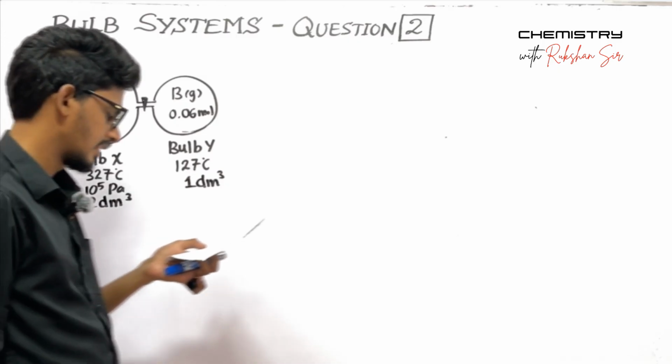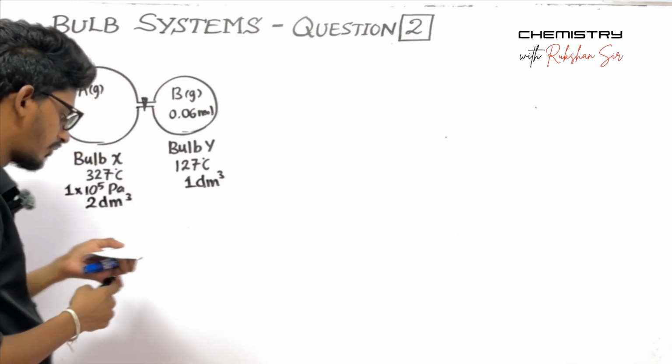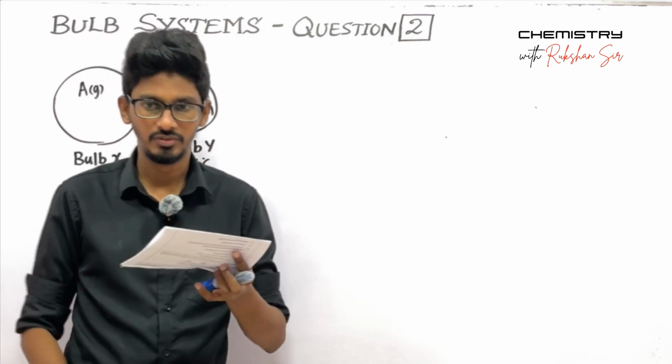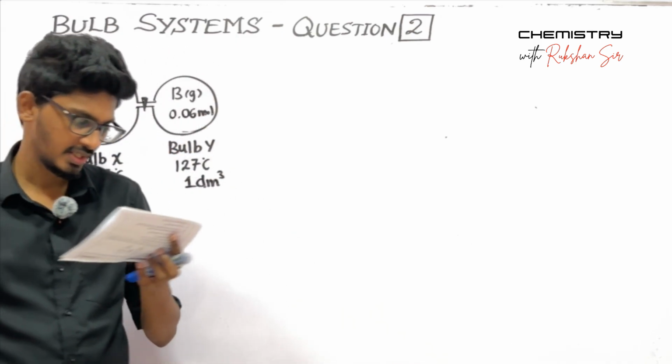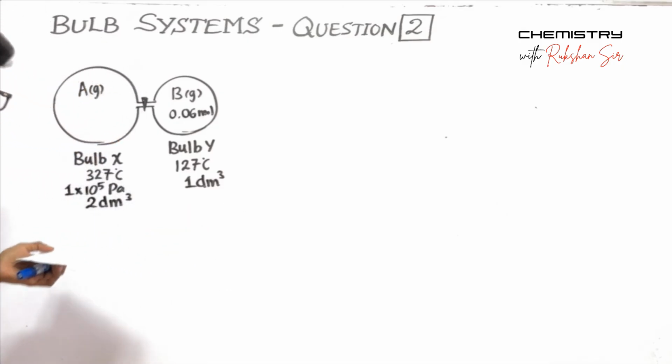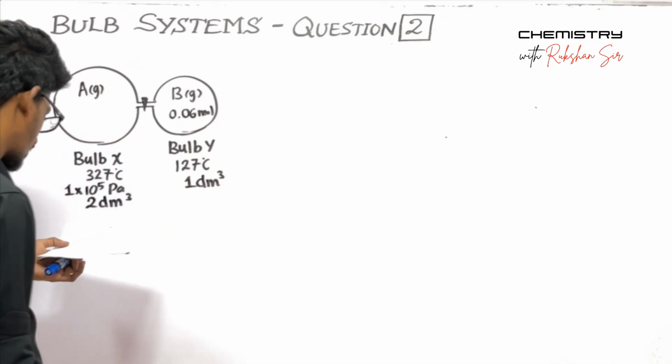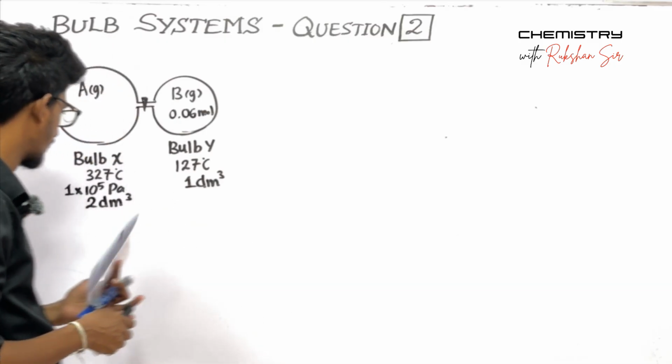That's the data. Then what are they asking? Calculate the following when the tap is closed: the number of moles of A gas inside bulb X, and the pressure of bulb B. Those are simple questions.